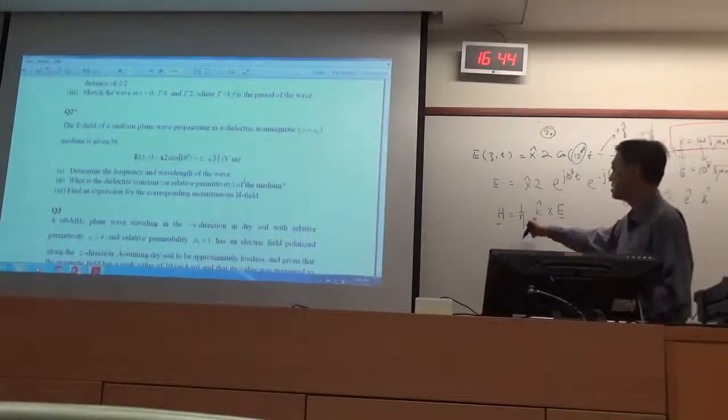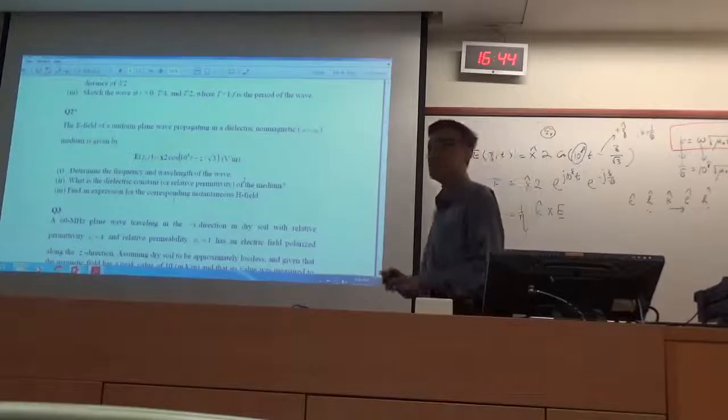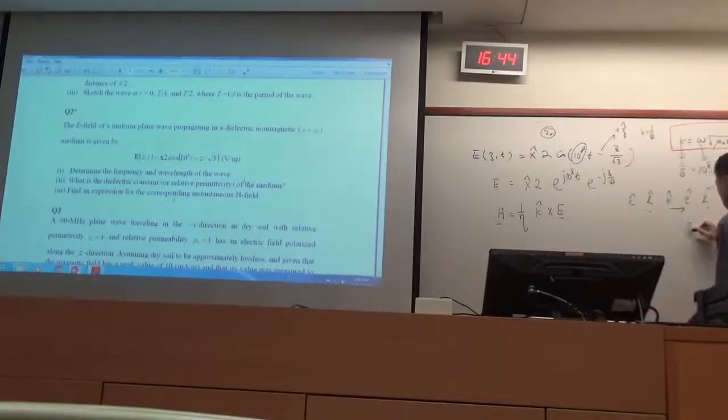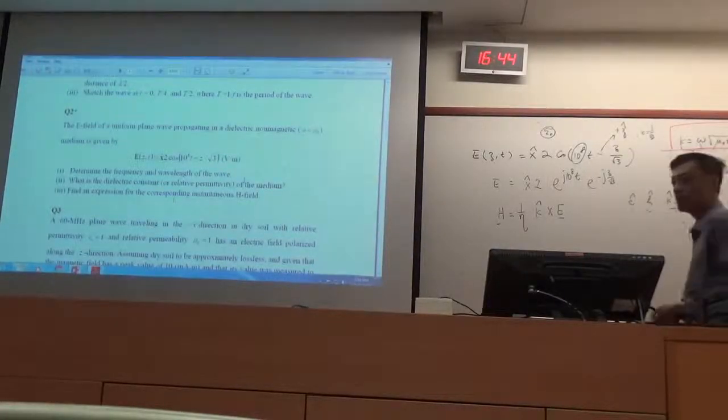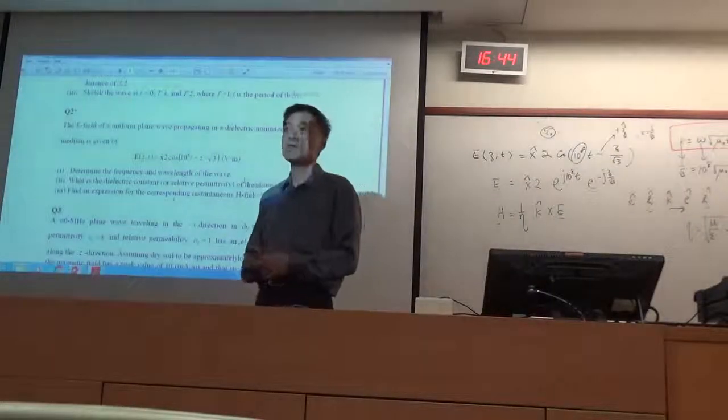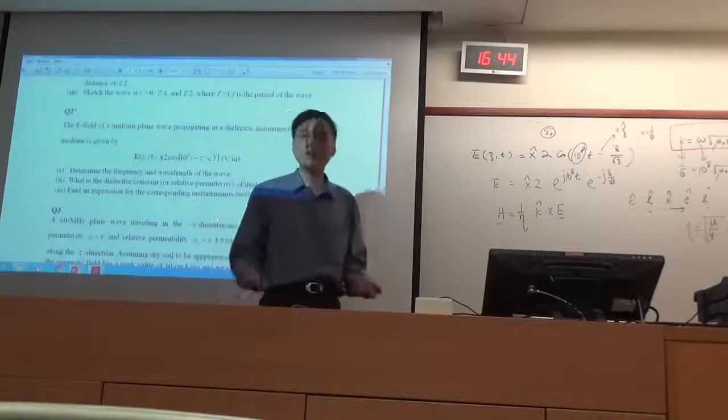Now, what is zeta? Zeta is equal to square root of mu over epsilon, which is equal to square root of mu naught over epsilon naught epsilon r. Epsilon r you have found.